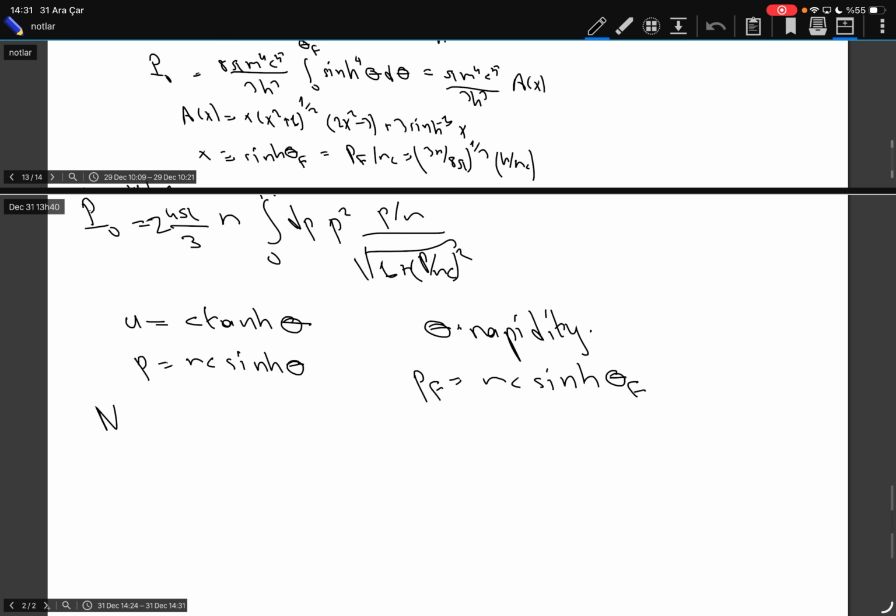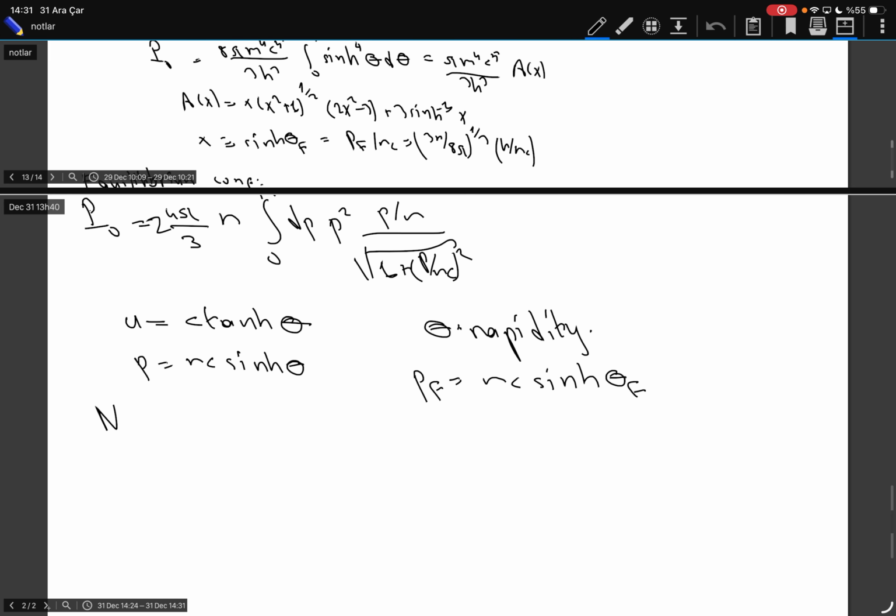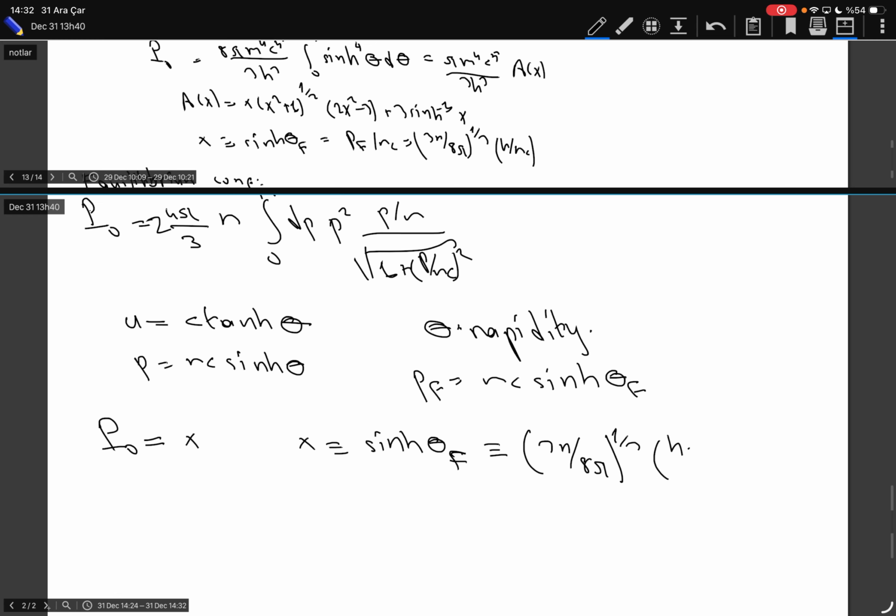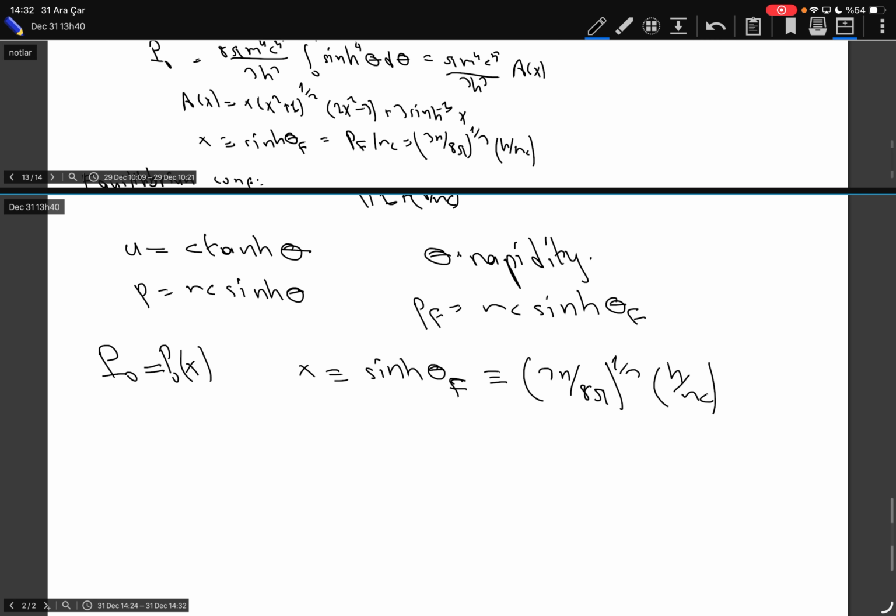At the end of the day, when you evaluate that integral, you obtain P0 as some function of x, where x is defined as sine hyperbolic theta f, which is (3n over 8 pi) to the 1/3 times h over mc. Now, just forget about all the derivation. The important thing is P0 is a function of x, or P0 is a function of the density. If I know the density, I know the pressure. That's the crucial thing.